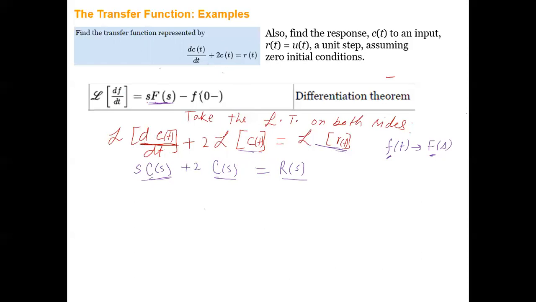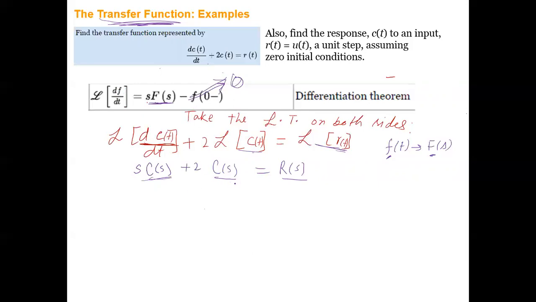Now you don't have to worry about this initial condition, because when we define the transfer function we always ignore it. Eventually you are going to ignore it anyway, so why take it now?